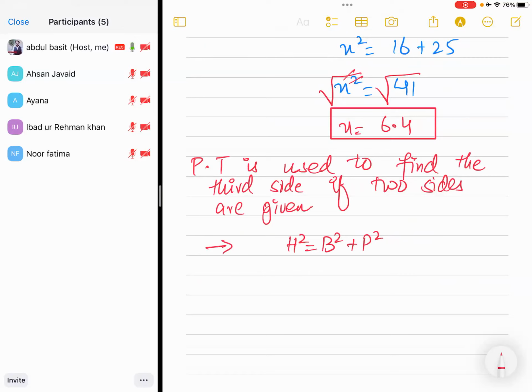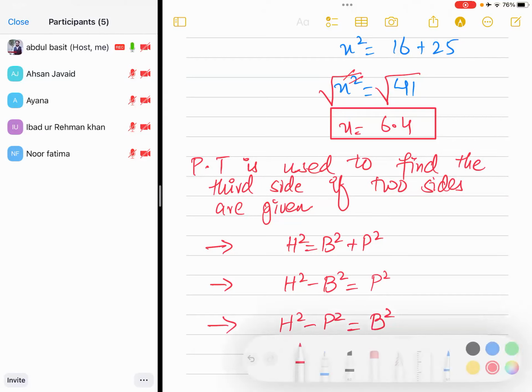Right, Noor? Yes, sir. Can I write the formula this way? हाँ जी. Yes or no? Yes, sir, I think so. Yes. Okay. Minus p square is equals to b square.